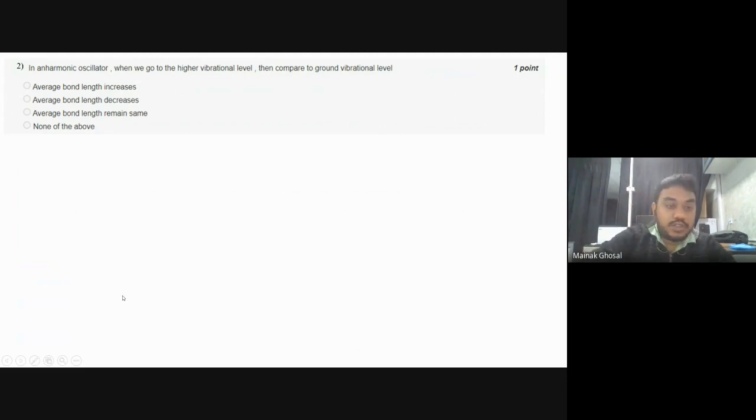What should be the fate of the average bond length? That means you have to find what should be the fate of r-bar if you are going from a ground vibrational level to a higher vibrational level. It will increase, decrease, or remain the same. What should be the answer?